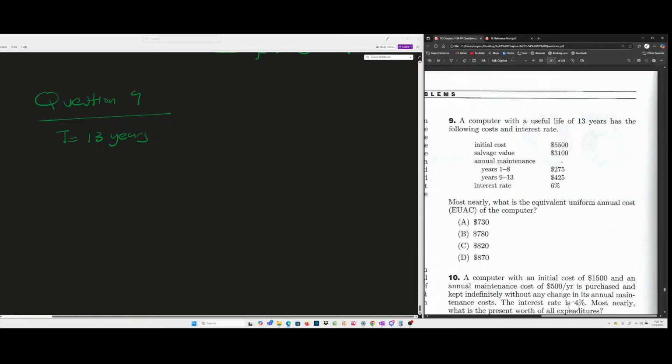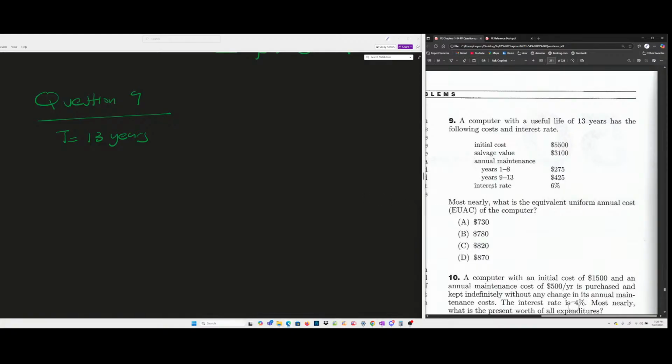Salvage value 3,100. From years 1 to 8, the annual maintenance is 275, and from 9 to 13, the annual maintenance is 425. The interest rate is 6%. They say we should find the equivalent uniform annual cost, EUAC, of the computer.